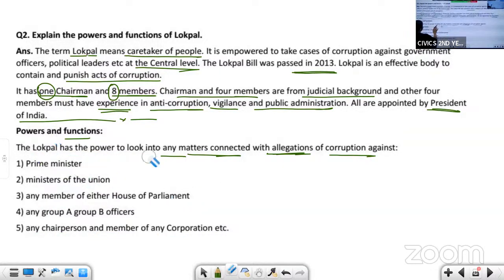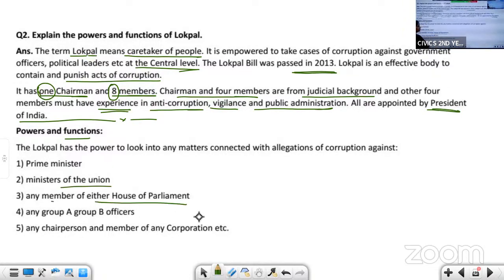So basically, it will take up the cases of corruption, the allegations on the Prime Minister, any minister, members of the parliament, that is both the houses, Lok Sabha and Rajya Sabha, A and B group officers, and chairpersons and members of the corporation.